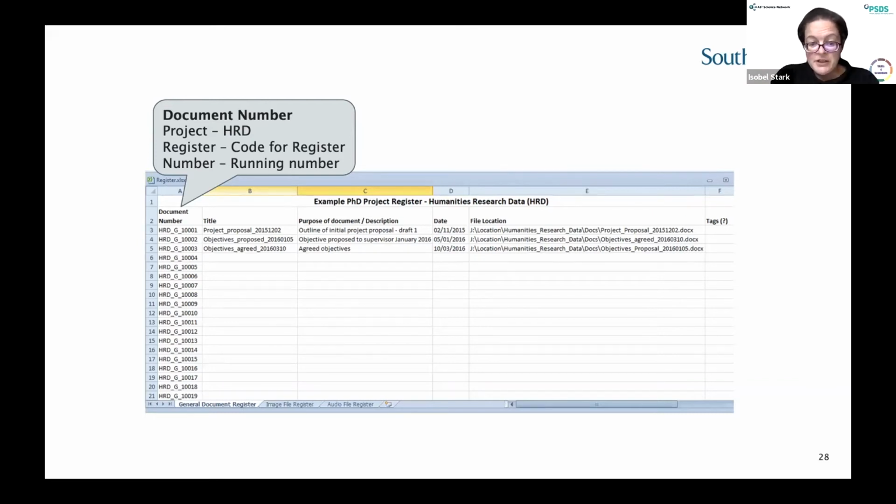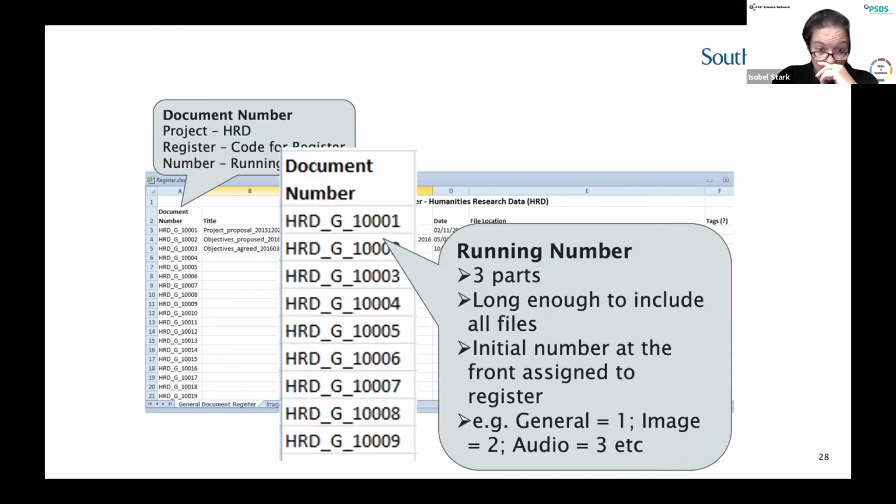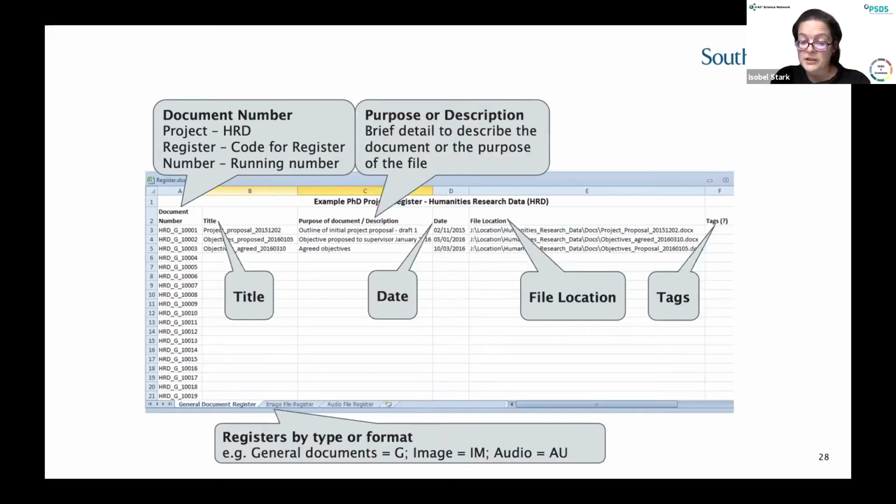So you can have a document register, running number for the various documents. You can list the title, a bit of a description, date it was created.